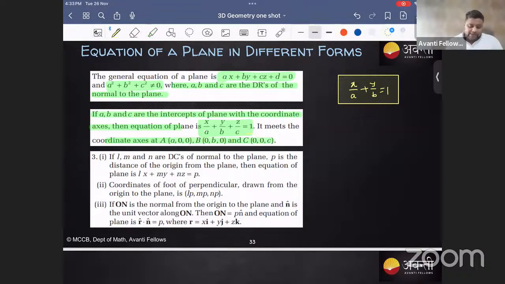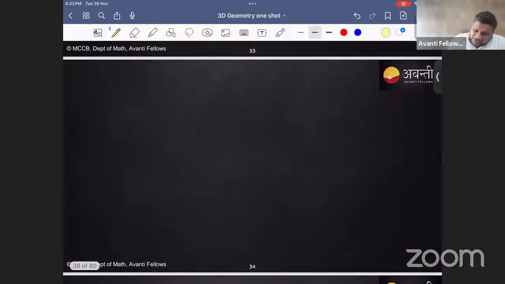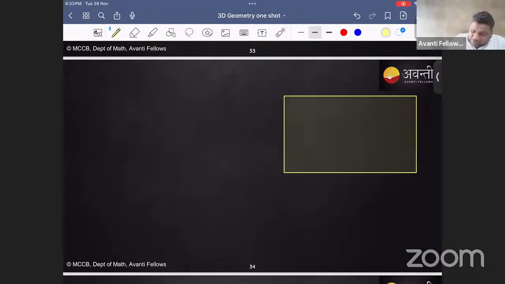Now how did I get it? Now see, say there is a plane. This plane is passing through 3 points: A, that is (a, 0, 0) on the x-axis; another point B, that is (0, b, 0) on the y-axis; another point C, that is (0, 0, c) on the z-axis. So to get the unique equation of a plane, what do you require first?